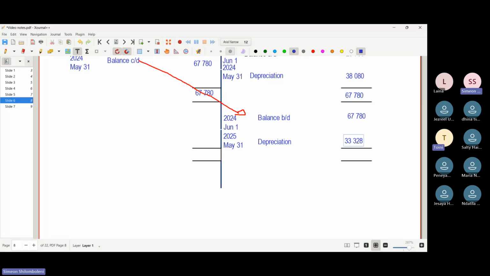Then we write down our totals. Okay, we can write in our total, which is 101,108.